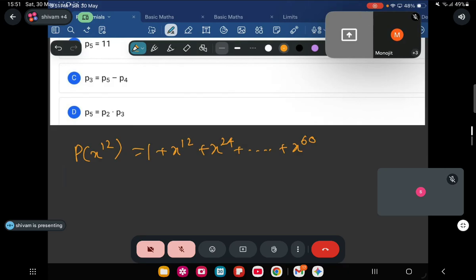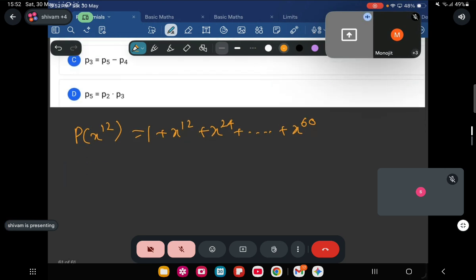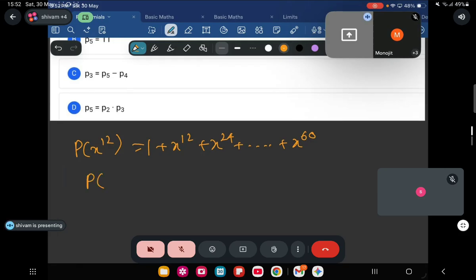Now we need to find the remainder when p(x) to the power 12 is divided by p(x). What is p(x)? p(x) is 1 plus x squared plus x cubed plus up to x to the power 5. Is it a part of any polynomial?